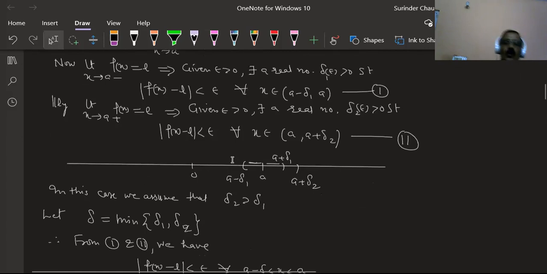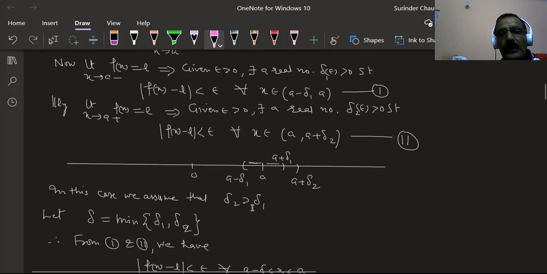Now, in order to combine the results, suppose delta 1 is for the first equation and delta 2 for the second. This is first and this is second. Now, suppose delta 2 is greater than delta 1.